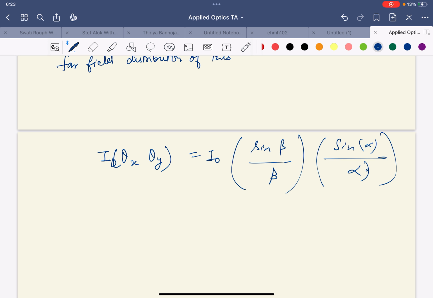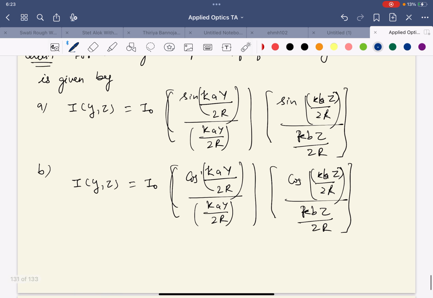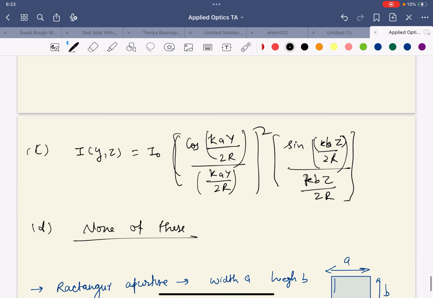Okay, so this is squared, and in the options there are squares also given, which we forgot.